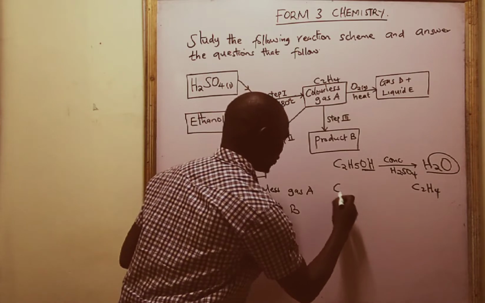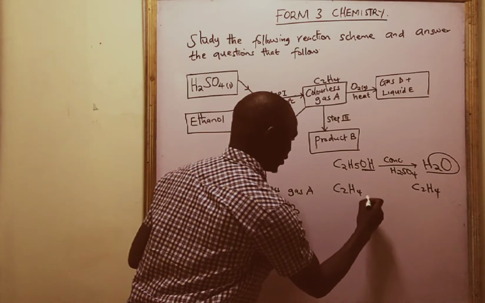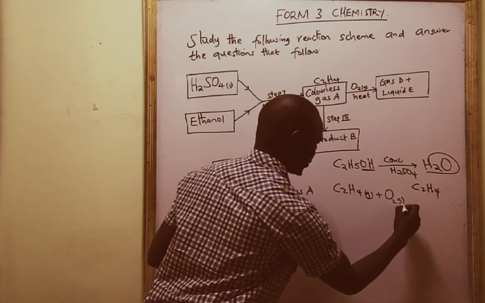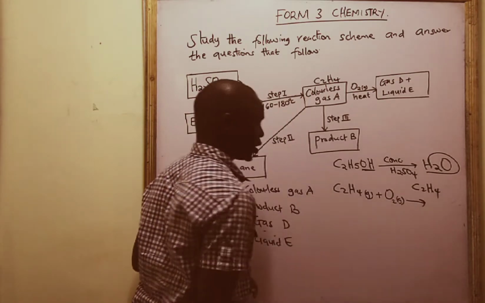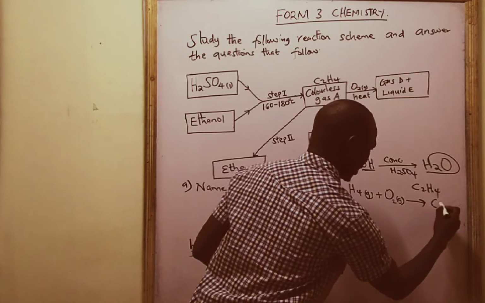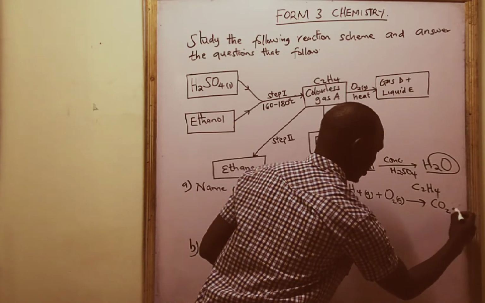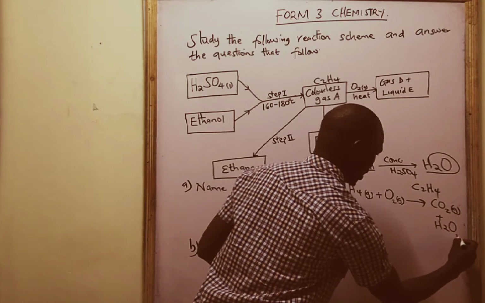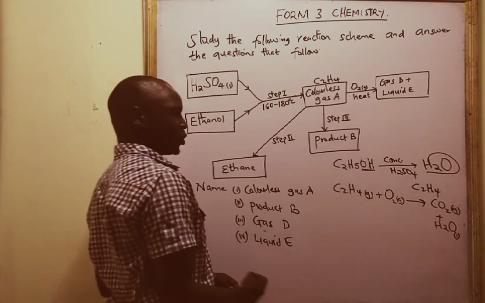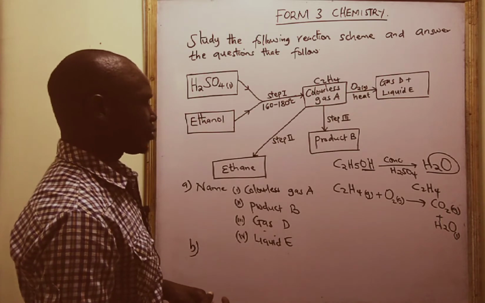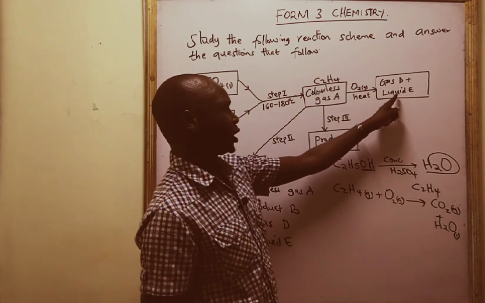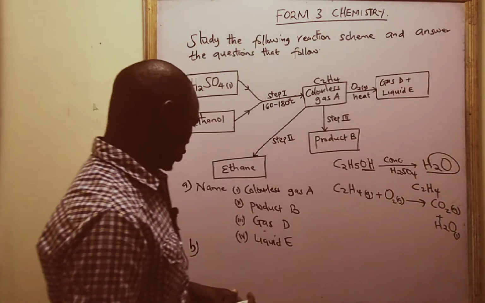So we are going to have C2H4, this is ethene gas, plus oxygen, and this one is going to give us water and carbon dioxide. We have carbon dioxide gas plus water. In this case, water is a liquid and carbon dioxide is a gas, and therefore gas D is carbon dioxide and liquid E is water.